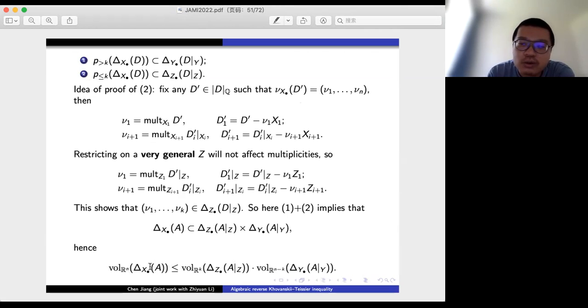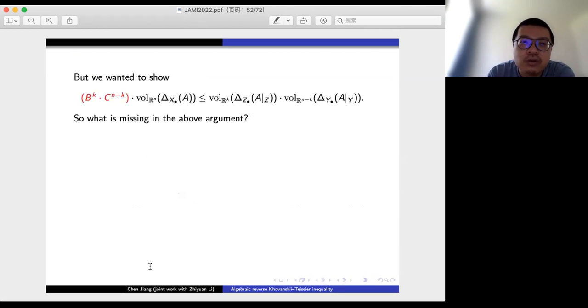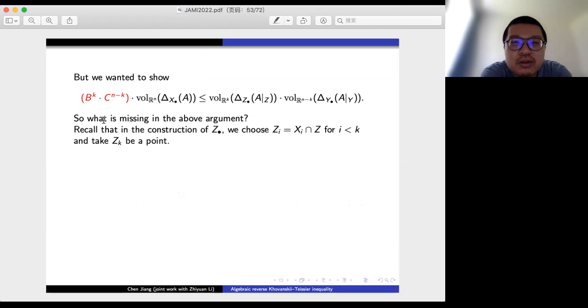So we missed this red part. So let me explain what is missing. Recall that in the construction of Z naught, we just choose Zi to be the intersection of Xi with Z for i smaller than k, and we choose Zk to be a point.